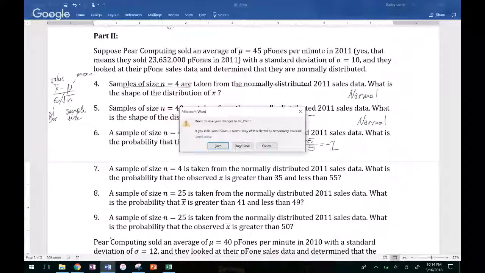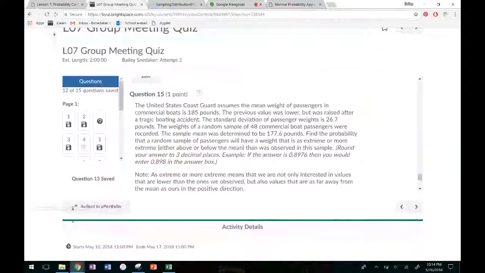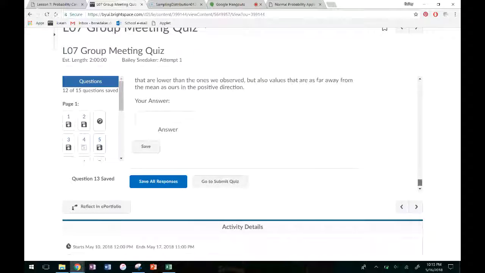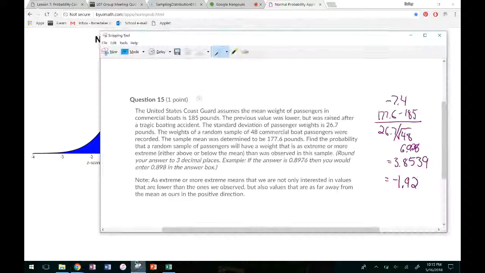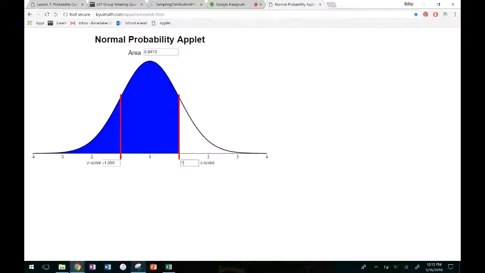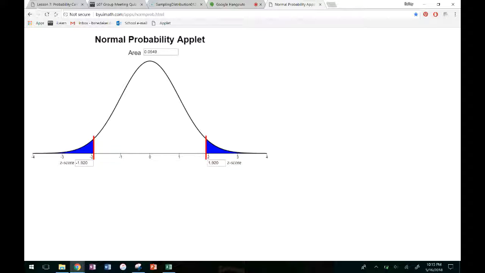So the chance of there being an extreme above or below is going to be 0.0549. Is that what you got? 0.0549. Okay. So entered in would be 0.055.